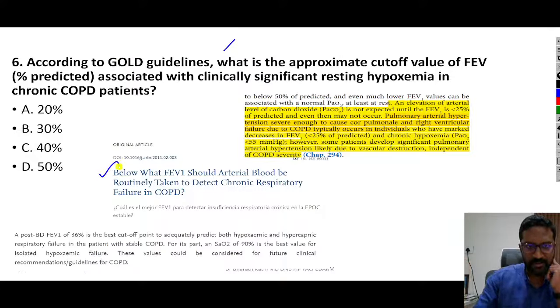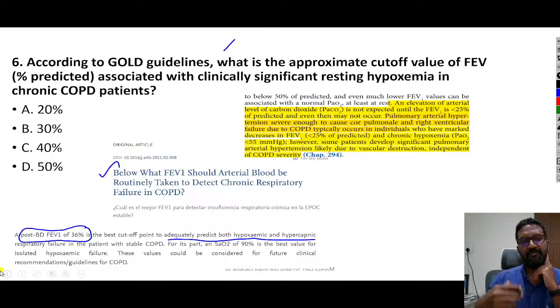There was one study done. They have mentioned a post bronchodilator FEV1 of 36% is the cutoff point to predict both hypoxemic and hypercapnic respiratory failure in a patient with COPD. But this is not definitive, and they have told these values could be considered. They did not say they should be considered.